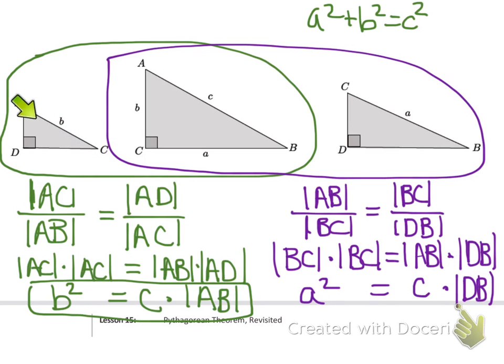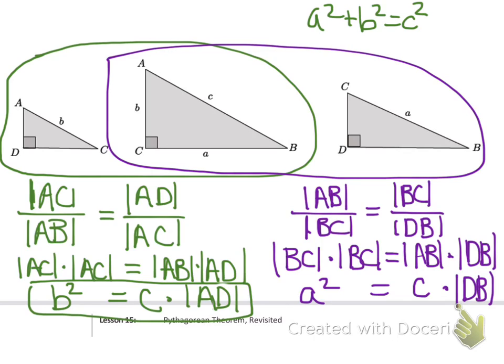In our first one, AB is the C, and this should be AD, and I wrote that wrong. So I'm going to correct that now. That's AD right there. Because where did that one come from? That AD came from right here. So that's that length there. Okay, so AD or AB was equal to C, and AD is there.